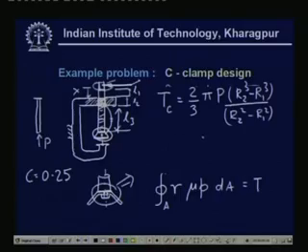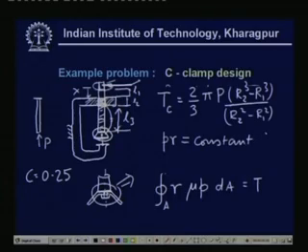Wear depends on both the normal pressure as well as the travel distance. Again, the travel distance is proportional to r, the radius from the center. Therefore, uniform wear implies P times r is constant.